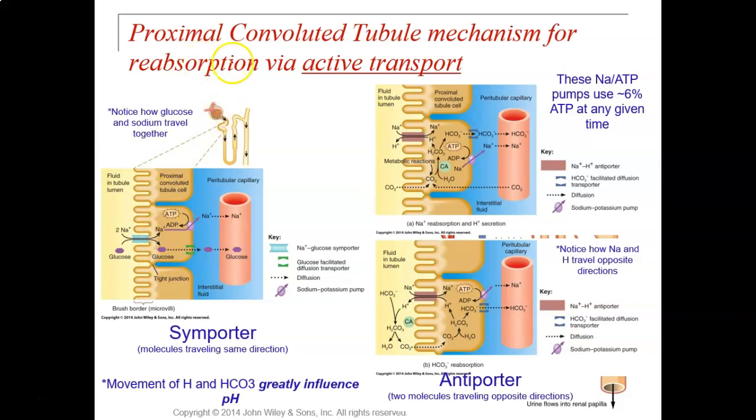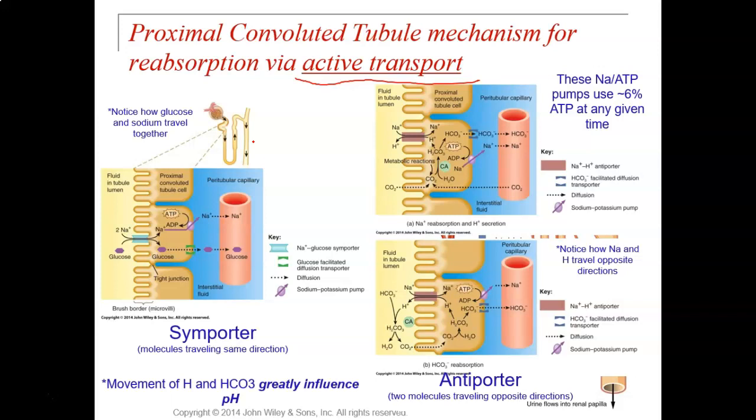You can see one of the more important aspects of the proximal convoluted tubule is that some of the reabsorption occurs via active transport. If it's active transport, remember, that means it's going to utilize energy to actually reabsorb those particular molecules.